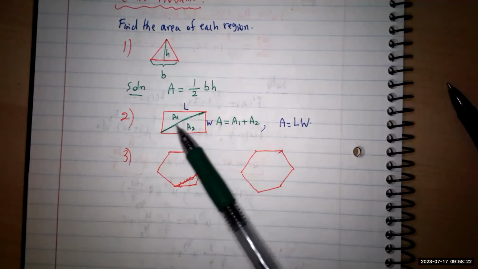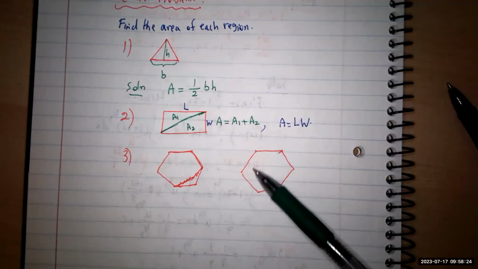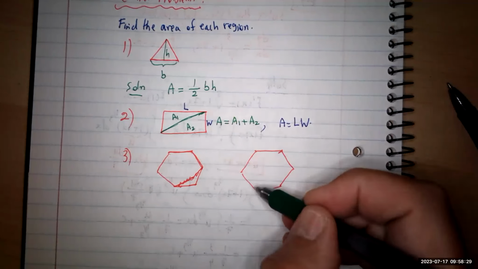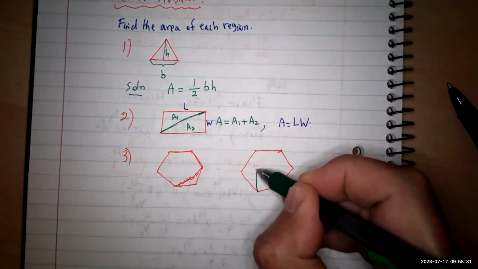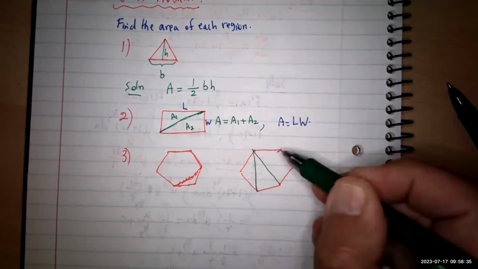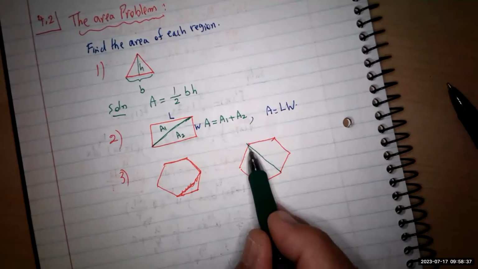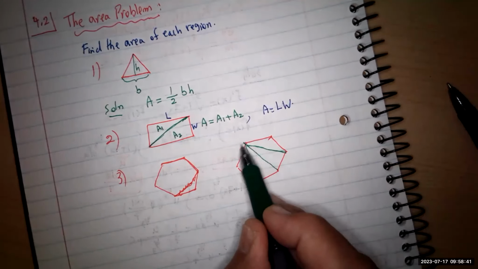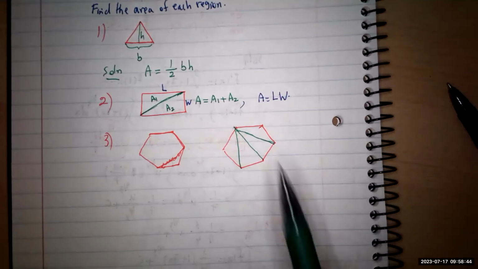Again, you see the same method that I did. We can easily cover this one by rectangles and triangles. So make some triangles: 1, 2, that's 1 more, that's going to be 3 and 4. So I got A1 here.